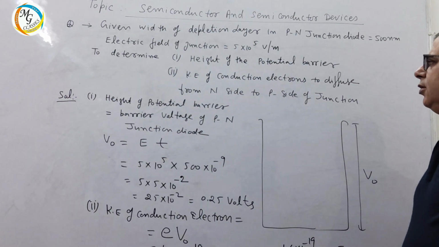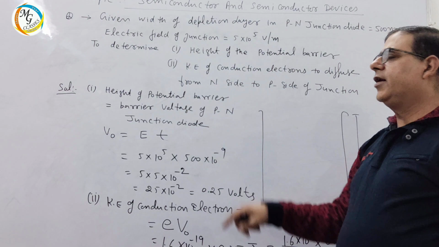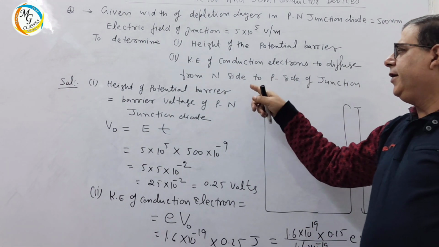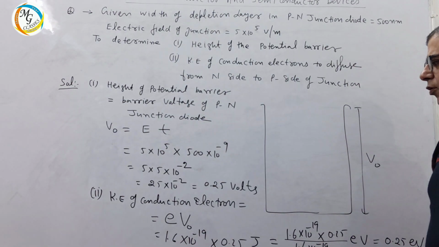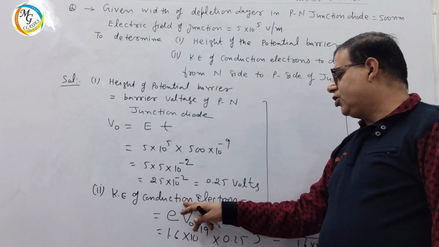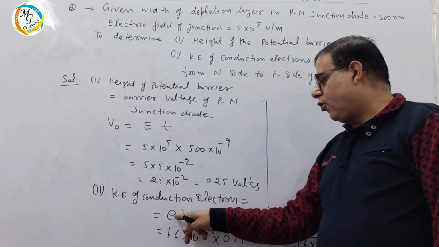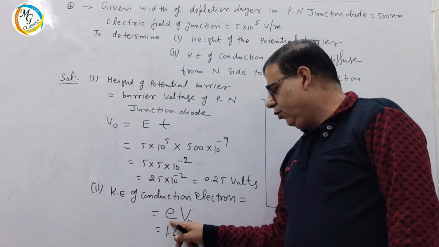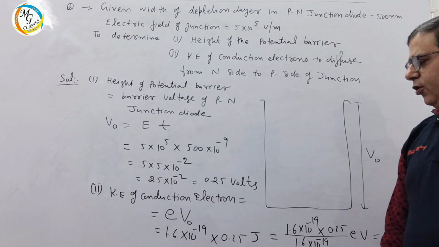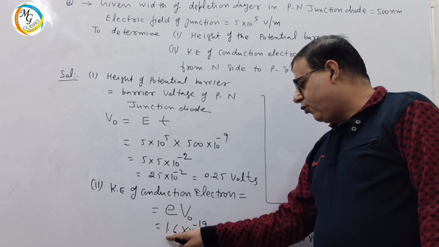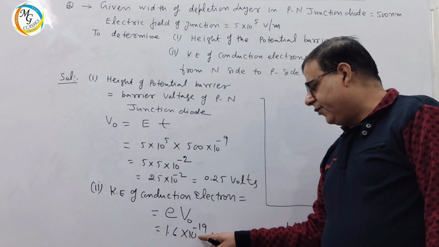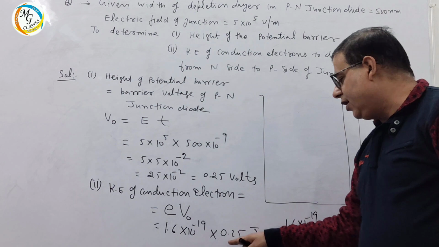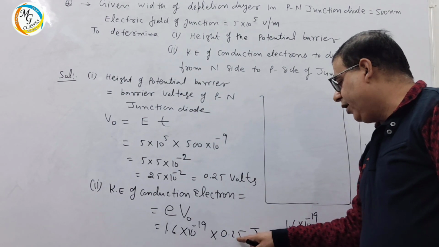Second part of the question, to find the kinetic energy of the conduction electron which is required to diffuse it from the N side to the P side of the p-n junction diode. The kinetic energy of the conduction electron is equal to the product of e into V naught, where e is the charge on the electron and V naught is the barrier voltage. Charge on electron is 1.6 into 10 to the power minus 19 coulomb, and the barrier voltage we have already calculated, which is 0.25.